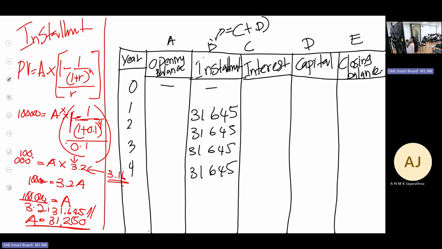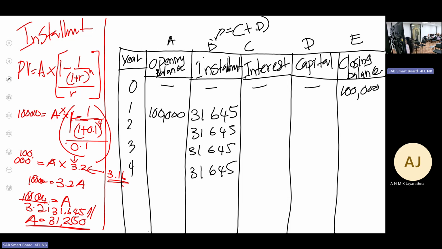Year 0, we do not have any opening balance, no installment, no interest, no capital. But we are going to have a 100,000 loan. That means year one, we are going to have 100,000. What would be the interest? Interest is 10%.